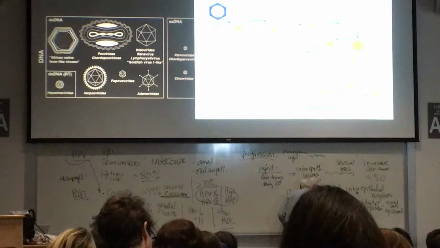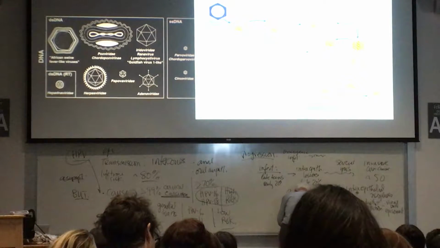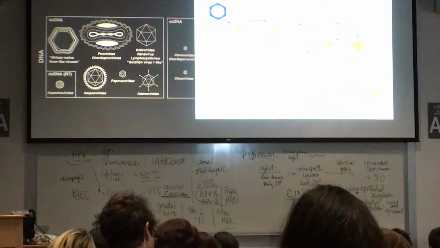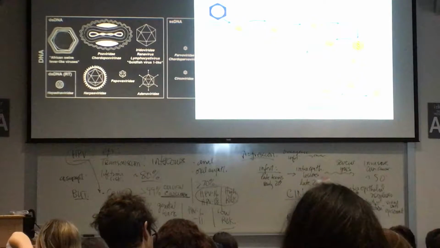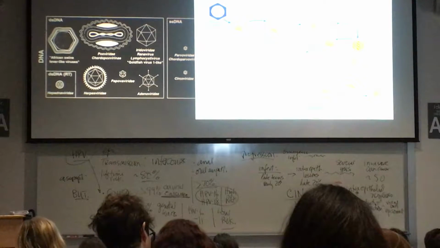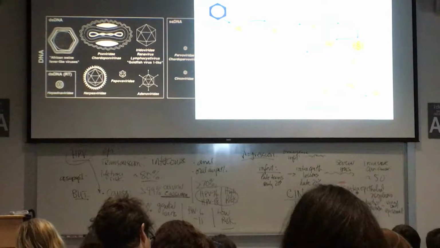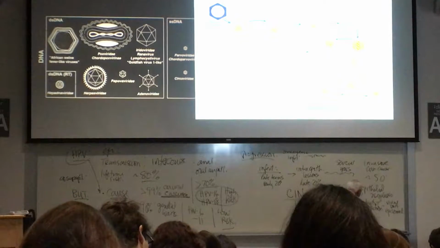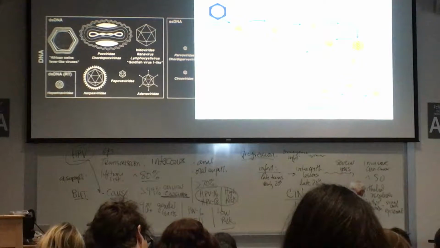CIN2 is moderate dysplasia. And then CIN3 scores severe dysplasia. And this then would be carcinoma. And in this case then, we're not producing virus.